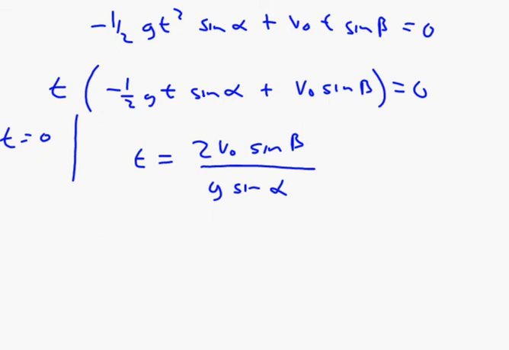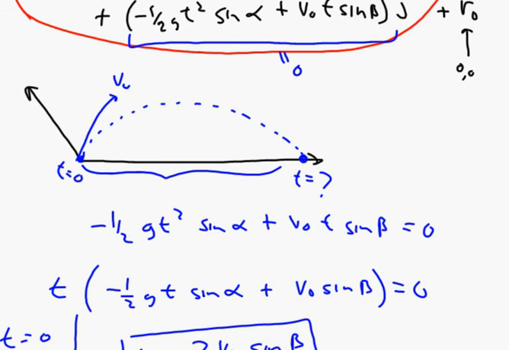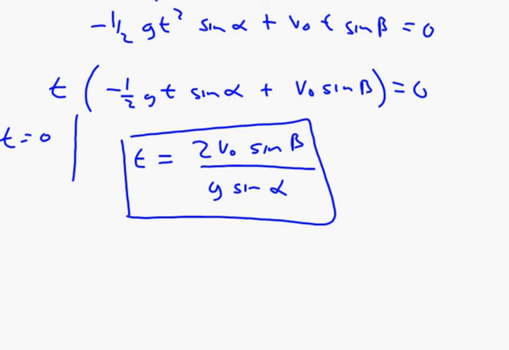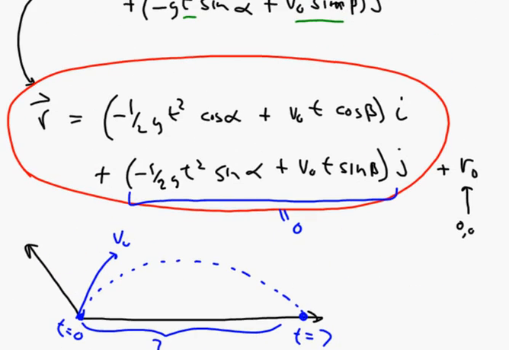Okay, so we're ready now. This is the time it takes for the object to hit the ground the second time. That's going to be the time it takes to traverse this distance. So now we know that. All we want to do now is figure out what this distance is. And so to do that, we're going to take this expression, and we're going to sub it into the i component of r, because this is telling me my horizontal distance traversed.